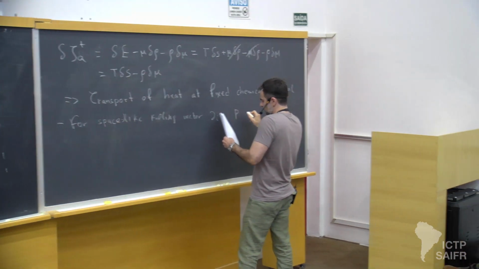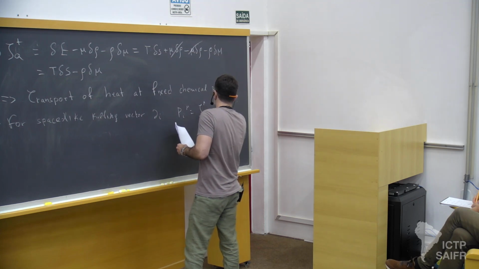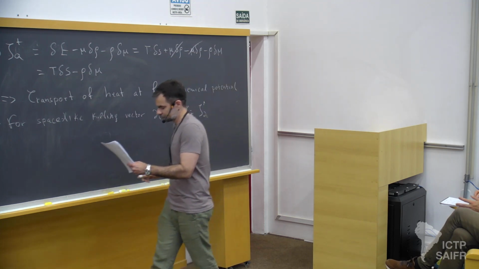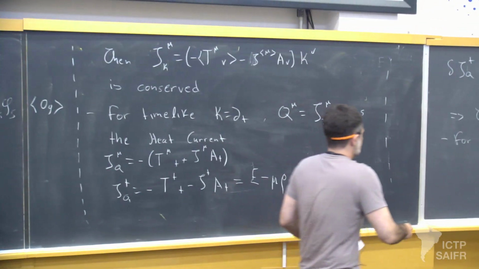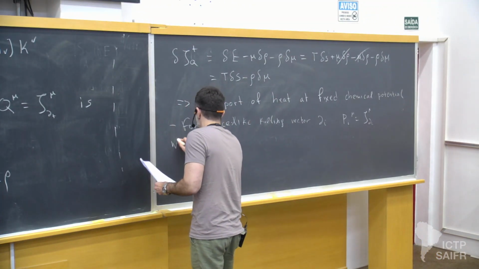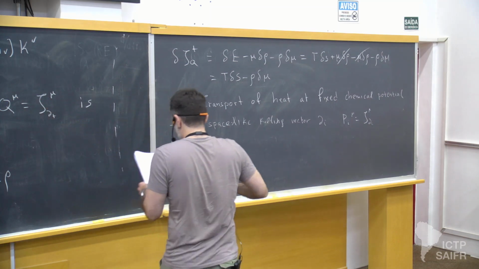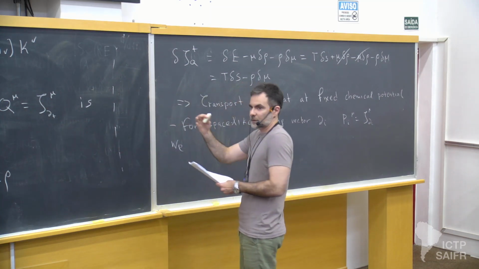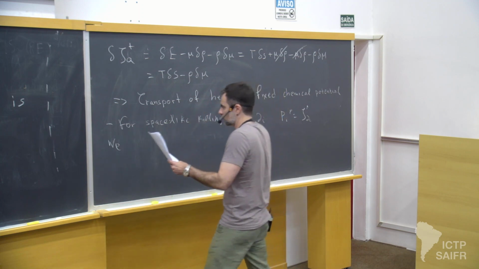Then what we would call the momentum density would be the current that you can construct from partial i. So what we are interested in is two-point functions of the j_i's and the j_Q's. And this is related to the transport coefficients that I wrote in this nice conductivity matrix before.